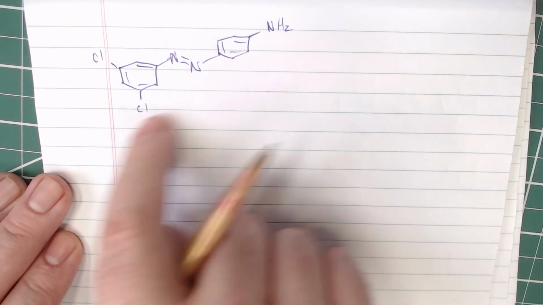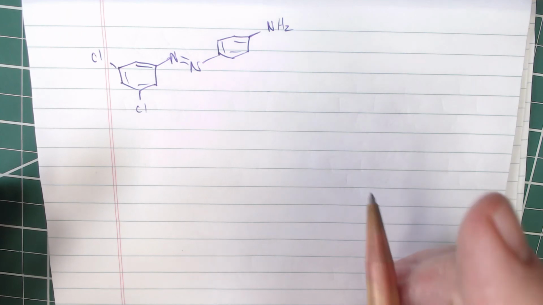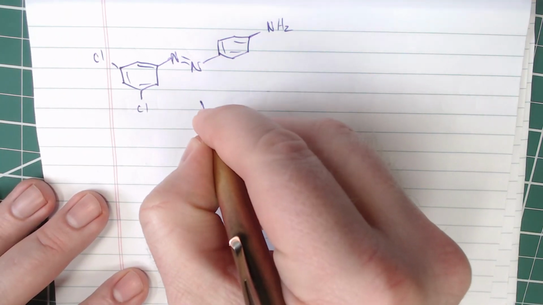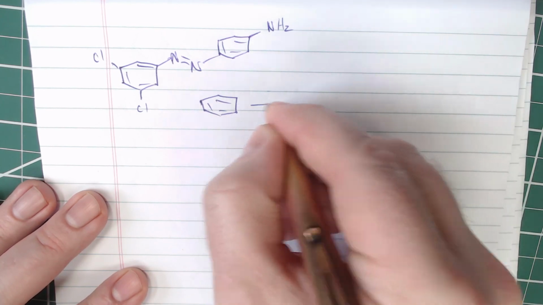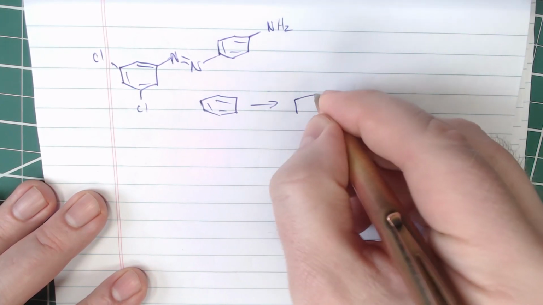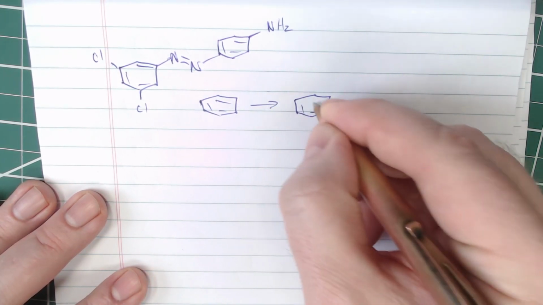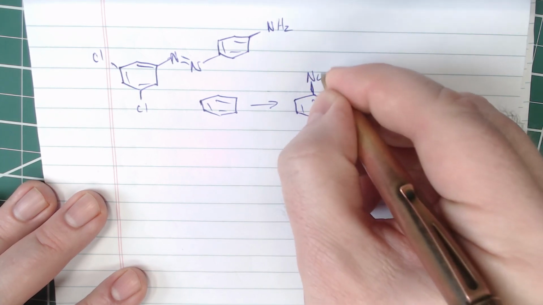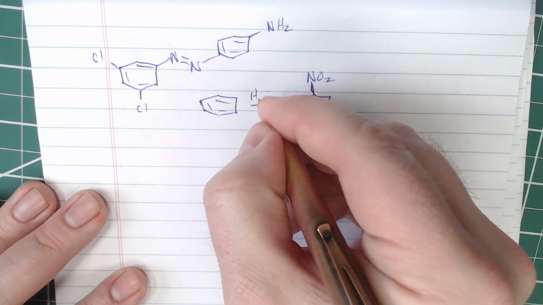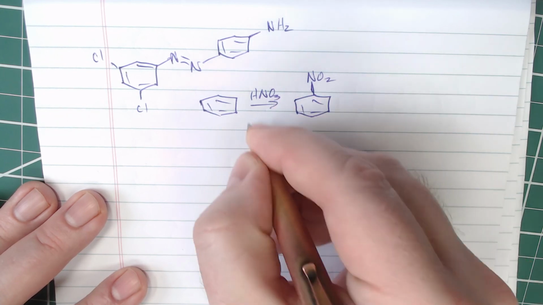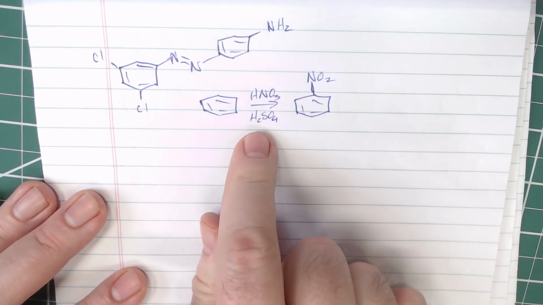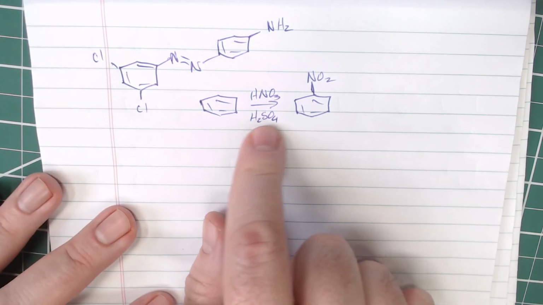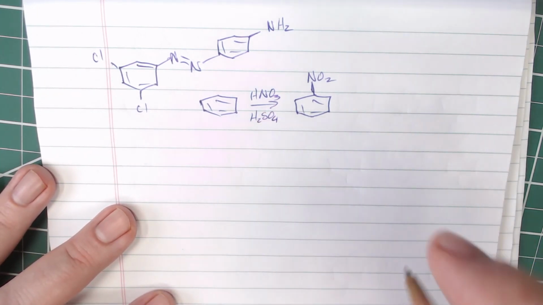All right, so here is our desired product. We're going to start with benzene right here, and we're going to convert that into nitrobenzene using the nitric acid and sulfuric acid. That's our electrophilic aromatic substitution, nitration, chapter 16.